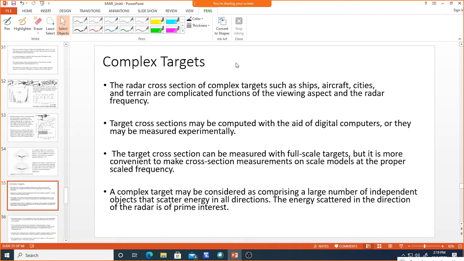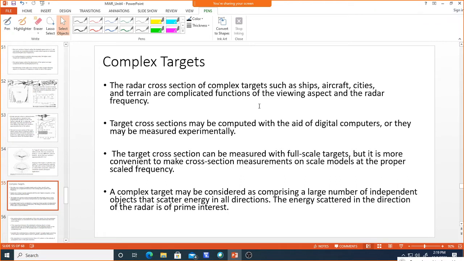Coming to the radar cross section of complex targets, as I said, such as big targets like ships, aircraft, or even cities. In terrain, different kinds of terrain or buildings are there. So based on those, how can we predict whether the target is there or not, and how to measure the RCS of that target.